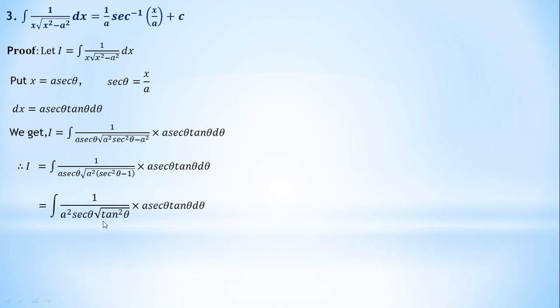So see here carefully, then you can understand this very well. Now root of tan square theta means tan theta, so sec theta tan theta, and here also there is sec theta tan theta, that will get cancelled and one a will get cancelled. Here it is a, here it is a square.